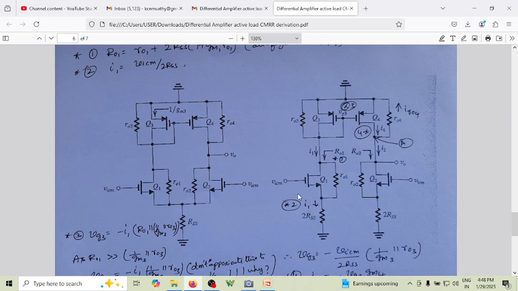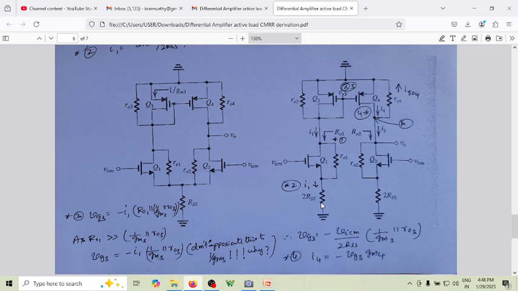If this resistance is too large, whatever voltage you have at the input, the same voltage will appear here, which is discussed in detail in the other videos.